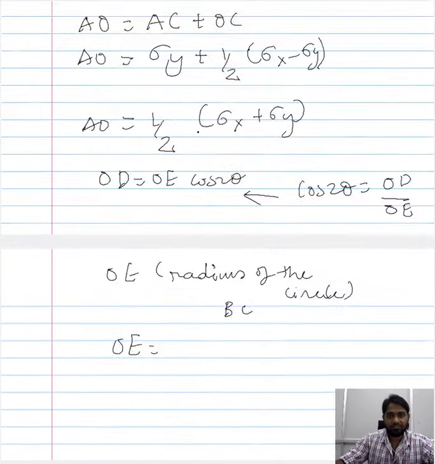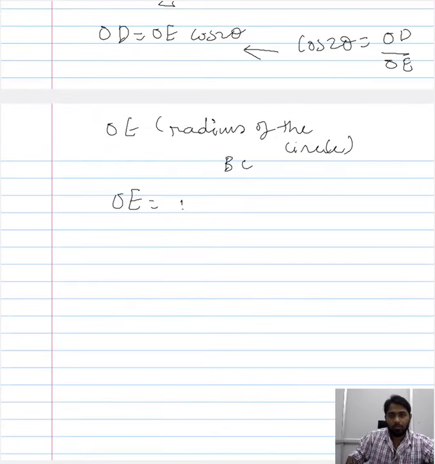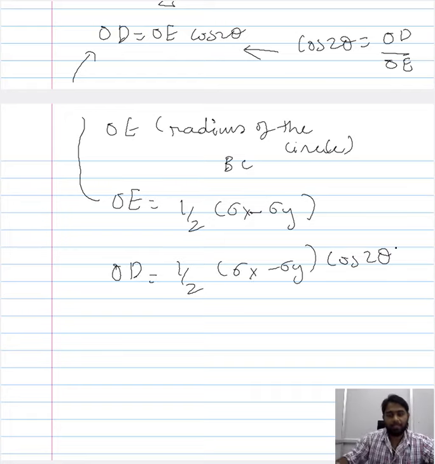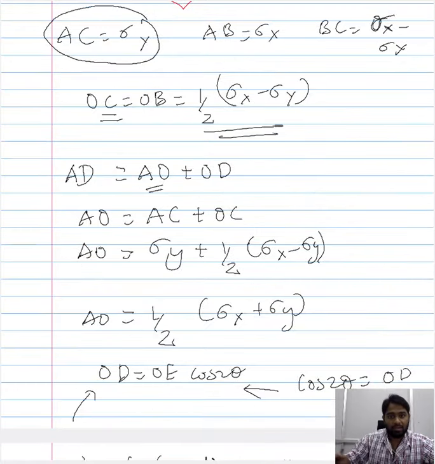This is the radius of the circle, which is nothing but 1 by 2 of sigma x minus sigma y. So therefore OD, the segment we are interested in, if we substitute this OE here, would be 1 by 2 of sigma x minus sigma y cos 2 theta. So we have an expression for OD, and we have also arrived at an expression for AO.